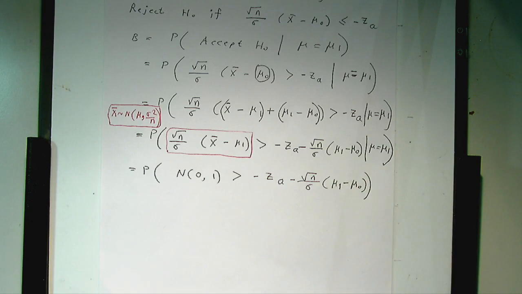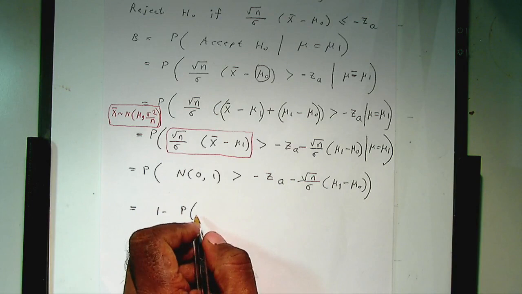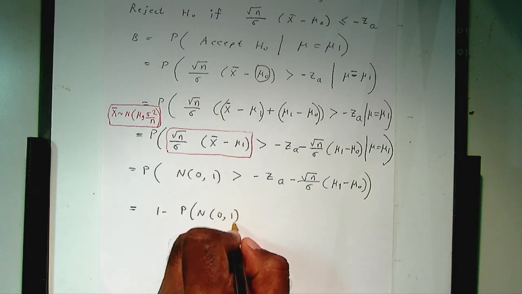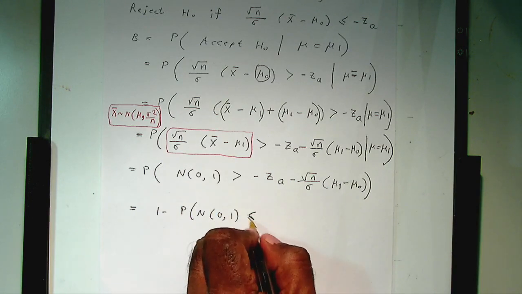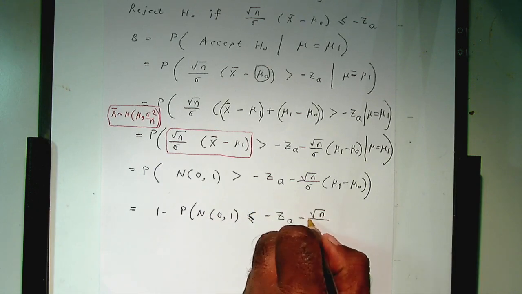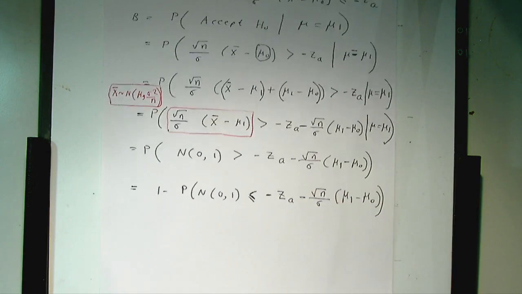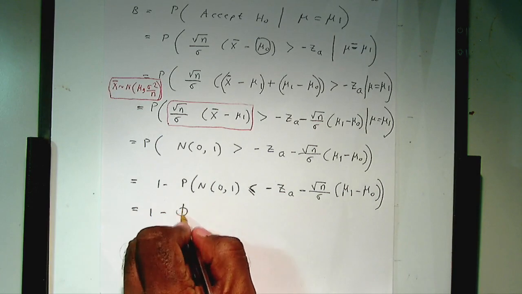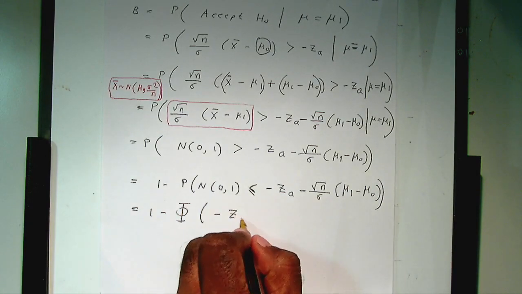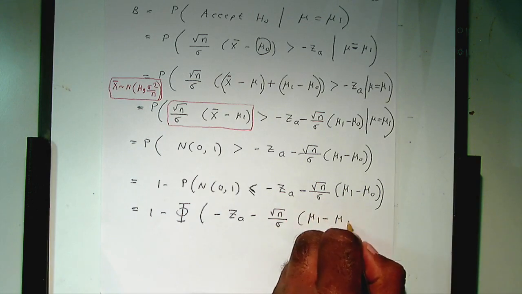Is that clear, guys, or not? Are you okay with this? Yeah. All right. Now this you can write as 1 minus the probability that, yeah, and this is 1 minus phi or phi, okay.